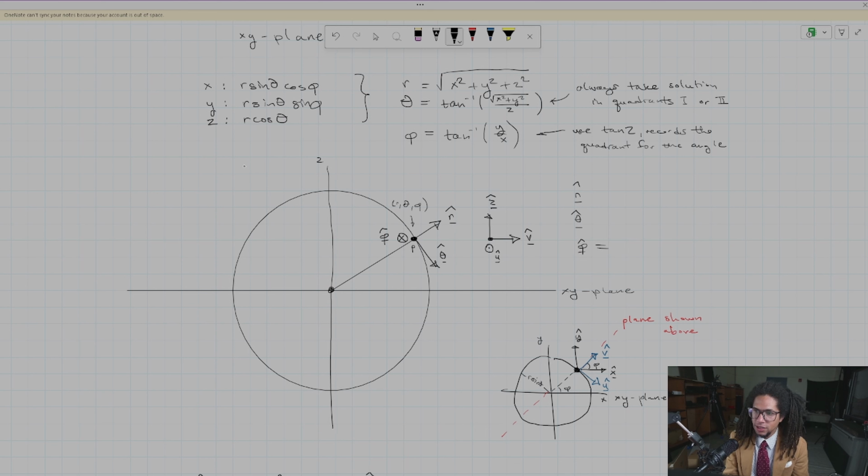The first one that's easy to see is if we look at u hat and phi hat, they're just opposite each other. Okay, not so bad. Now remember that this angle is theta. That means that the angle between the r hat vector and the z hat vector is also theta. Good.